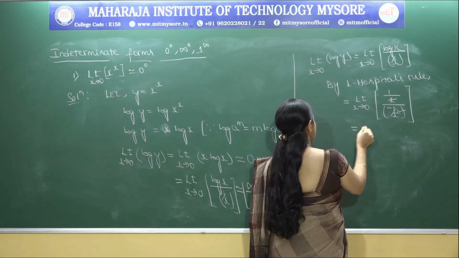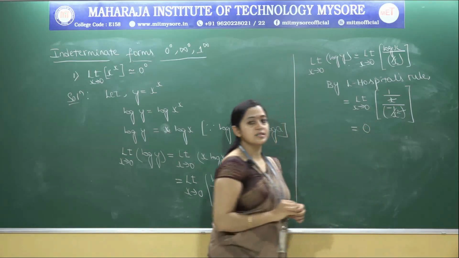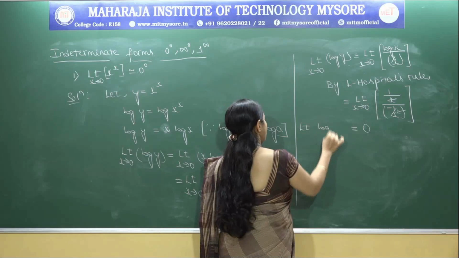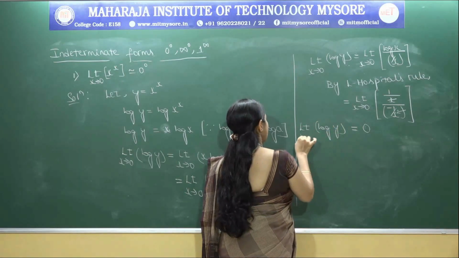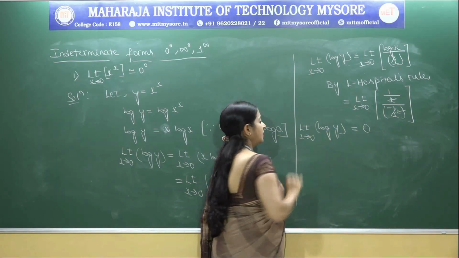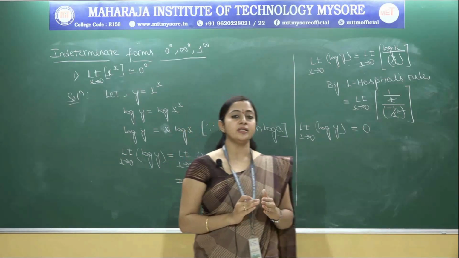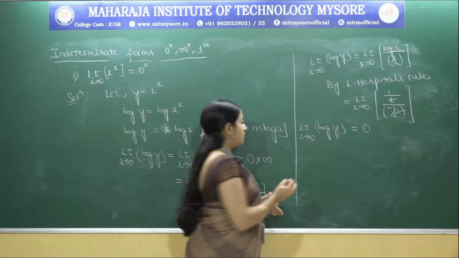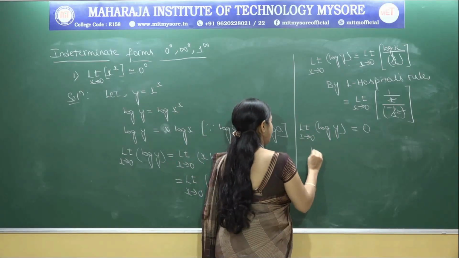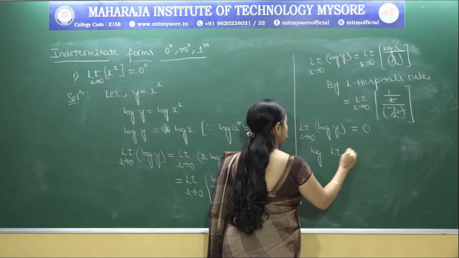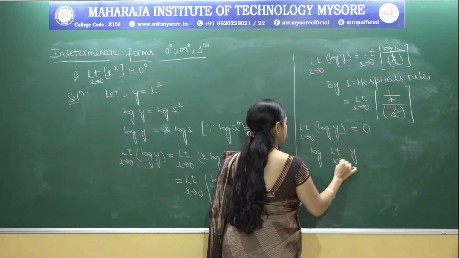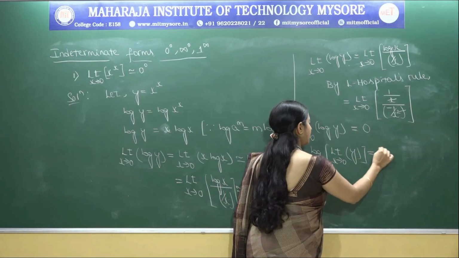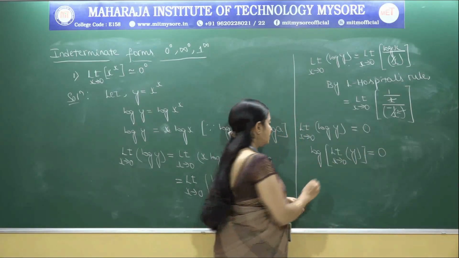Cancel this, then apply the limit, you will get the answer as 0. In the LHS part, you have the limit of log y as x tends to 0. Since you have the property that the limit of log can be written as the log of the limit, you can interchange these two. You can write the log with limit of y as x tends to 0 equals 0.